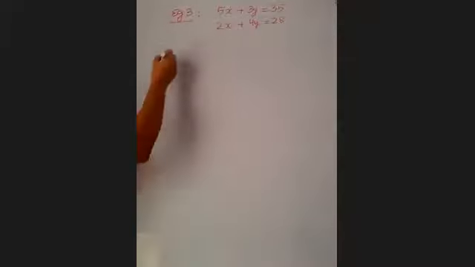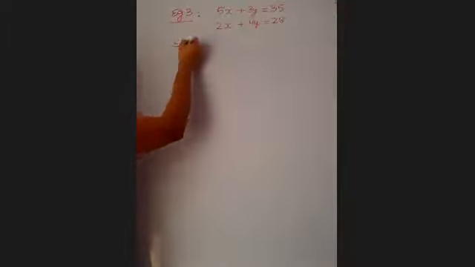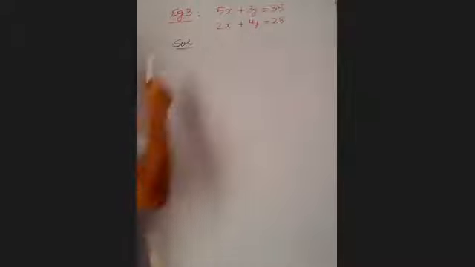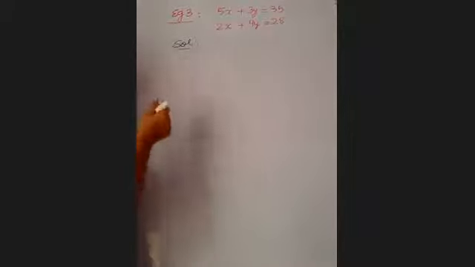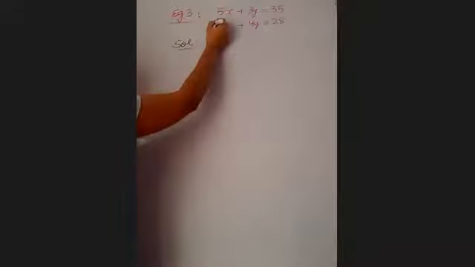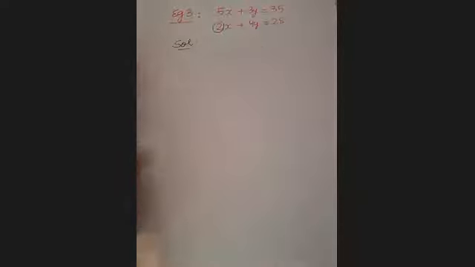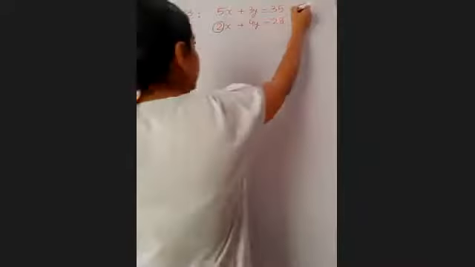Now here, if we see, again we do not have coefficient 1. But do we have coefficient as 2? Yes, ma'am. Second equation, 2x. So from the second equation, we will be taking this.